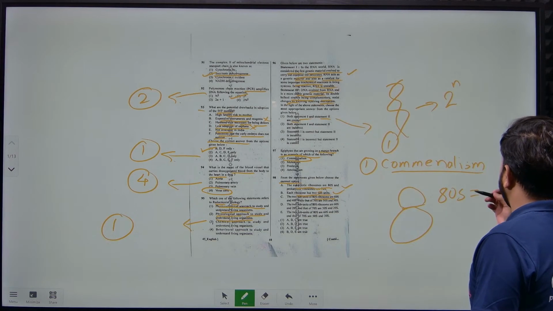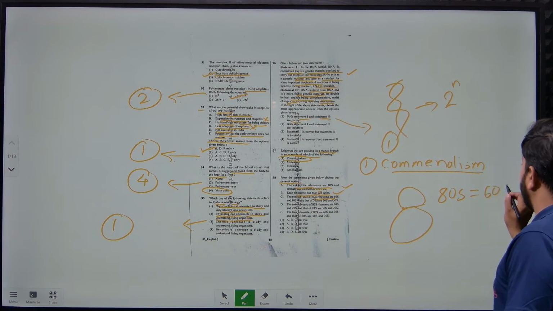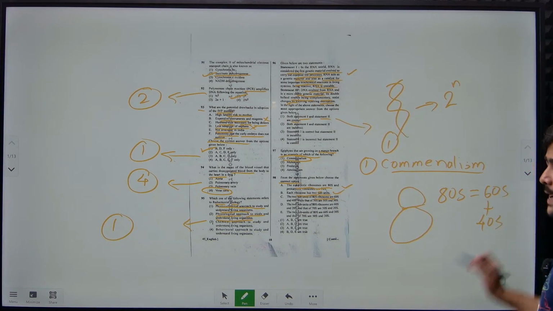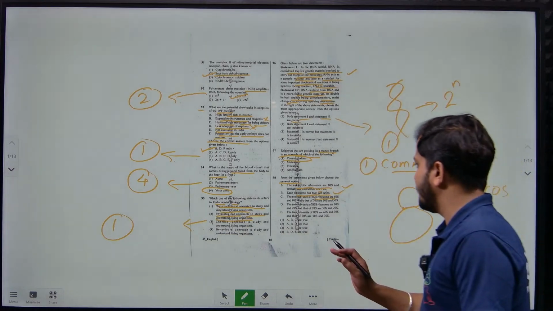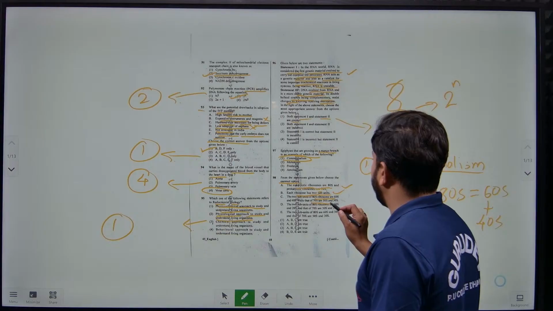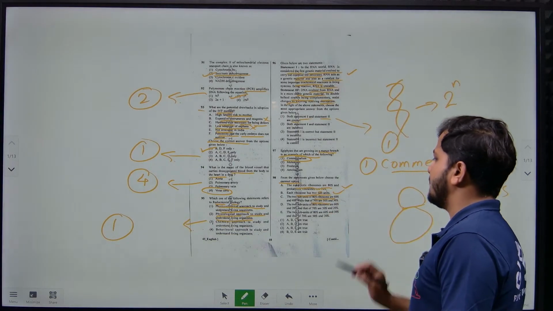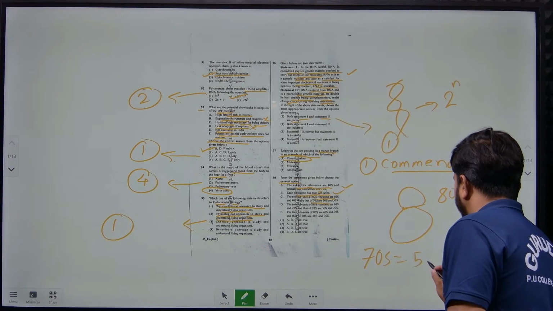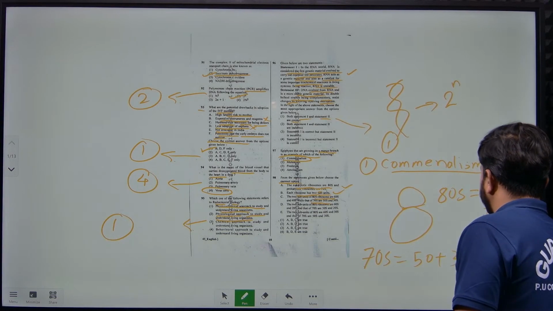So the total subunits, that is 60S plus 40S, right? And S stands for Svedberg's unit. Then the 70S has 50S and 30S. Yes, 70S is equal to 50S plus 30S, right?